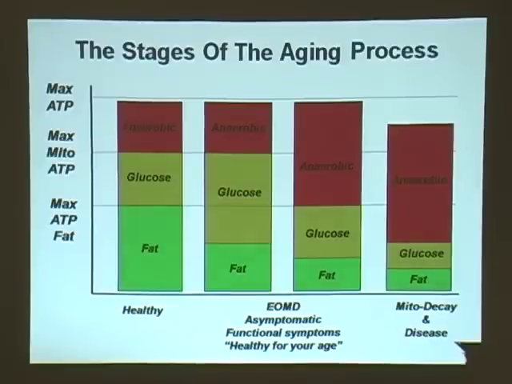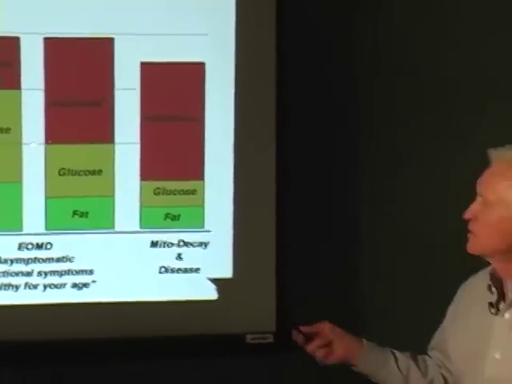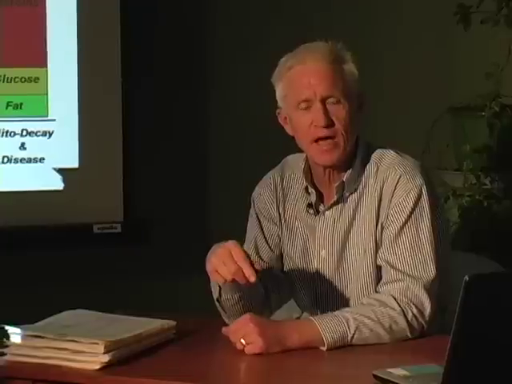And here's the point. Without bioenergy testing, without the results that you're going to see on this testing procedure, you have no way of identifying who's in here. You don't know them from here, or from this column for that matter. So that's why I consider this test to be so absolutely critical for physicians to use to be able to help their patients prevent the onset of disease, and in fact slow down the very process of aging.